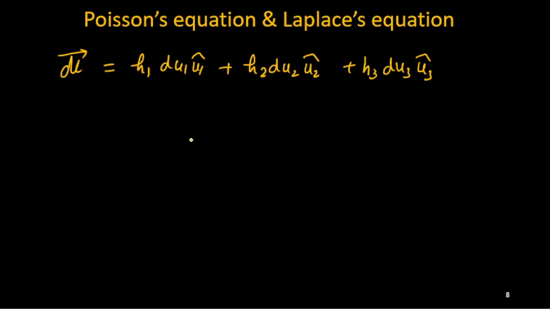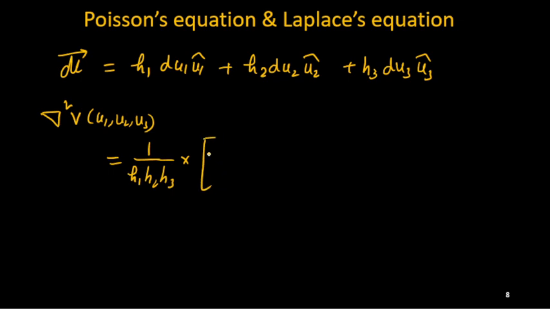If it is so, then the Laplacian operator, del square V, which is a function of u1, u2 and u3, could be written as 1 upon h1 h2 h3 times, be careful here, del u1 of h2 h3 upon h1 times del V del u1.